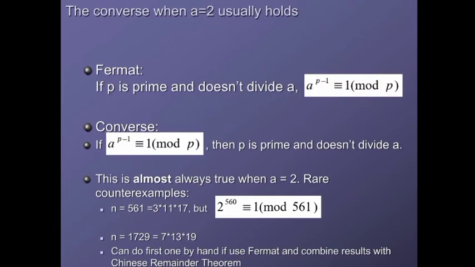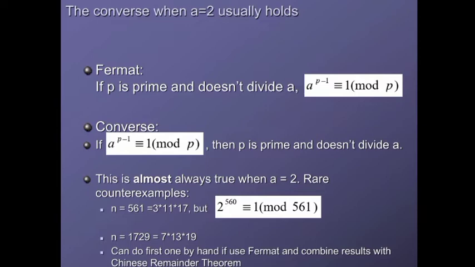Now the converse: when a is equal to 2 it usually holds. Fermat: if p is a prime and doesn't divide a, then a raised to the power of p minus 1 is congruent to 1 mod p. And in the converse, if a raised to the power of p minus 1 is congruent to 1 mod p, then p is prime and doesn't divide a. This is almost always true when a is equal to 2.